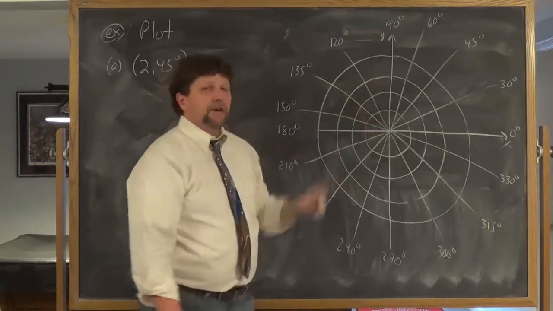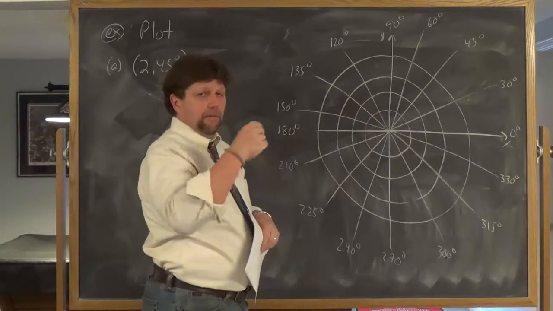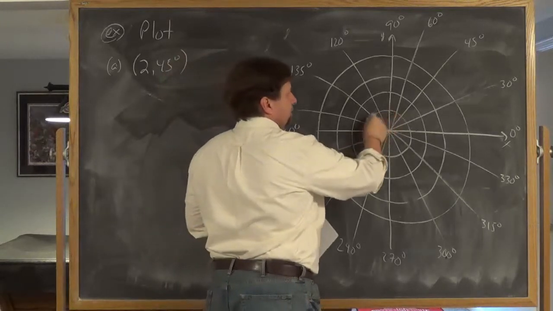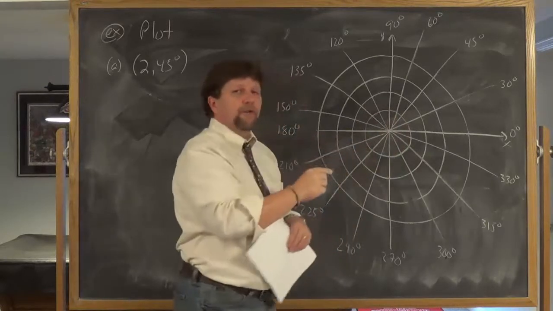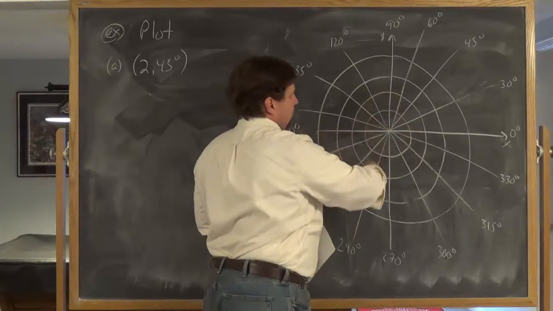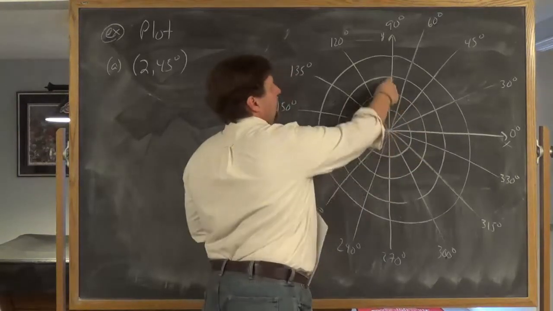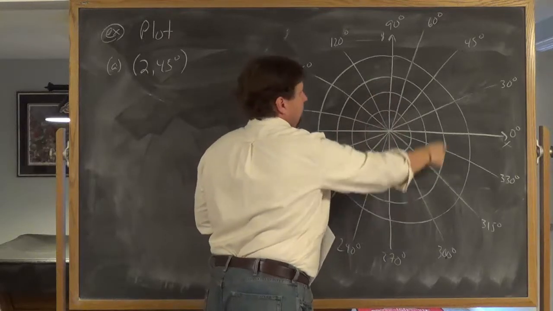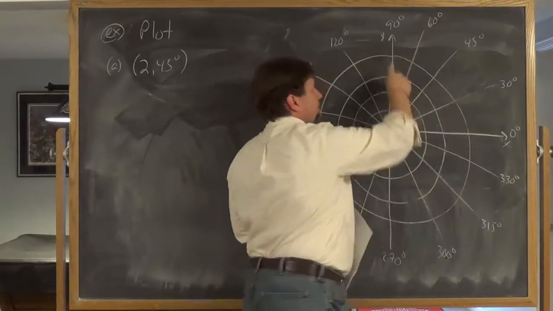You see concentric circles here. I want you to imagine that this concentric circle is a circle where every point is 1 unit away from the origin. This circle here would be 2 units away from the origin. This circle, 3 units away. This circle, 4 units away.